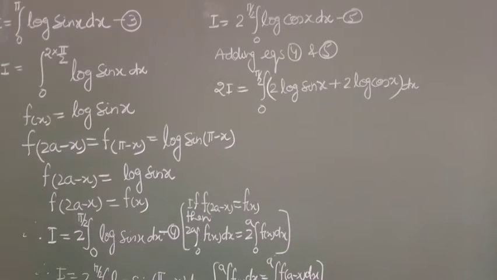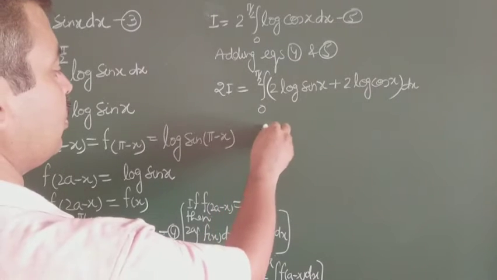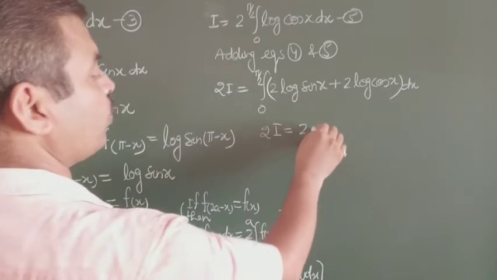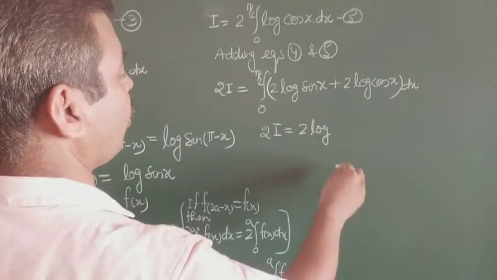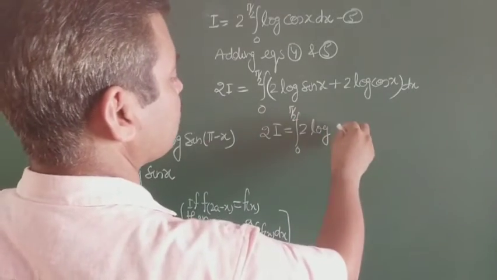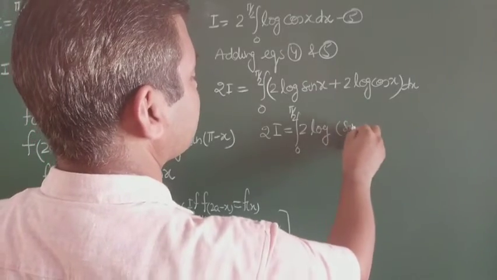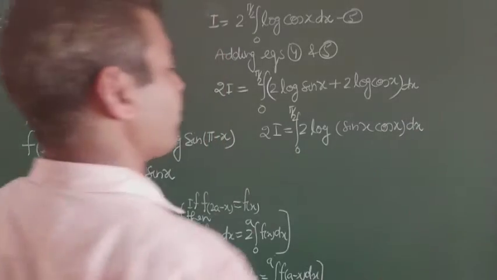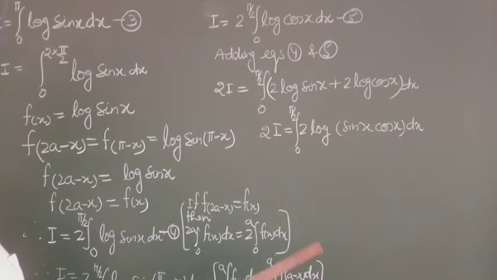Okay students, now we are going to take 2 log common, 0 to pi by 2, so it will be sin x into cos x, correct?